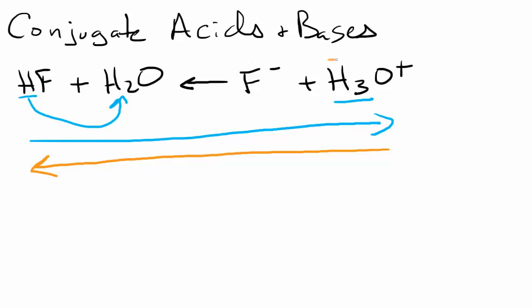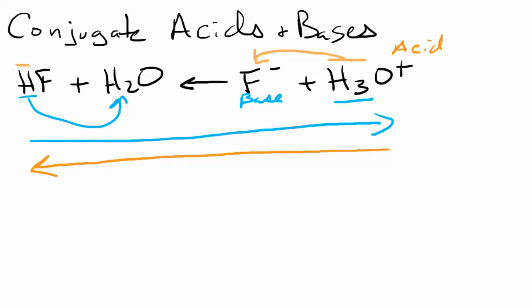One of the hydrogens from the hydronium has to be given to the fluoride ion to create the hydrogen fluoride. So if we think about the Bronsted-Lowry definition of an acid and a base, in that sense the hydronium is the acid and the fluoride is the base. So over here on this side we have the hydronium being an acid and the fluoride being a base.